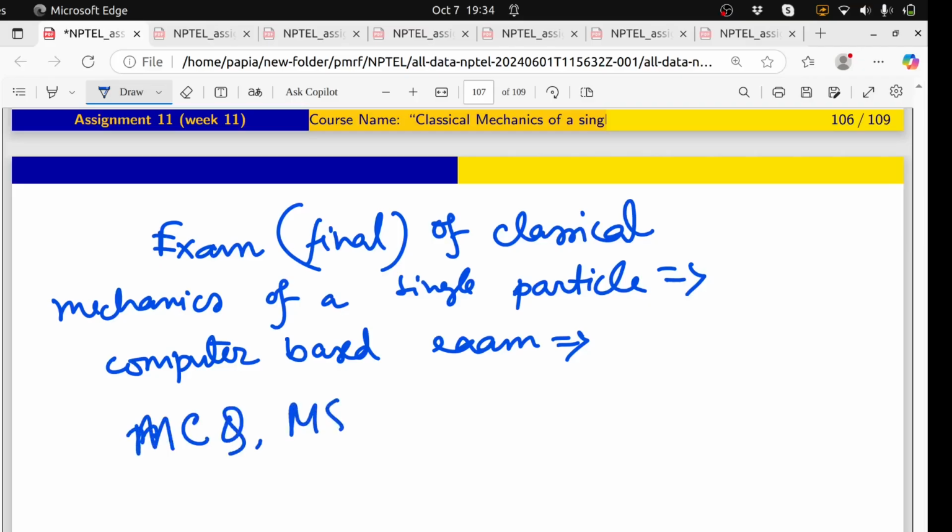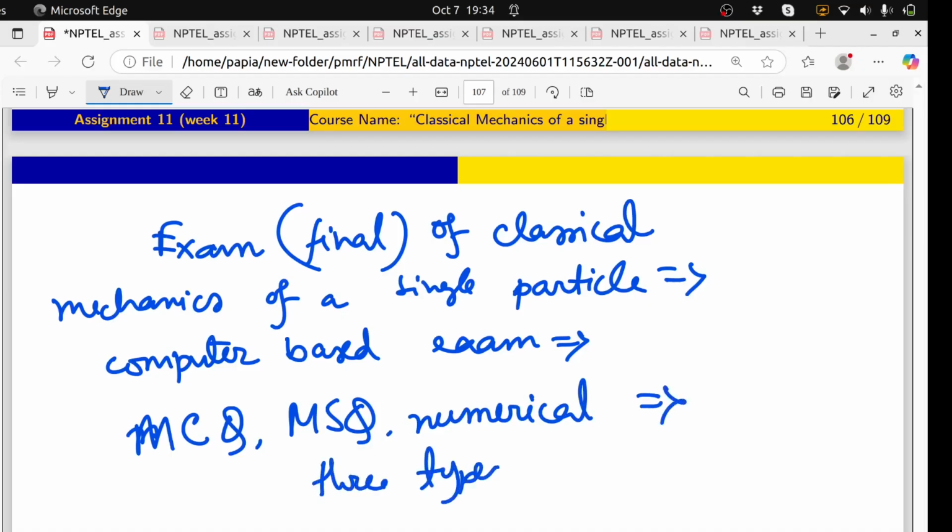MCQ, MSQ, numerical, these 3 types can be there.